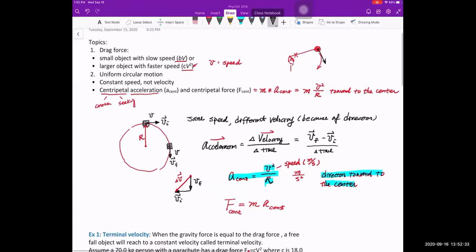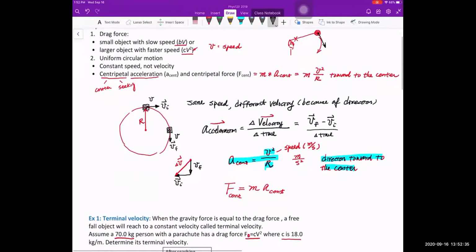The direction is what we call the tangential direction. What is tangential? The tangential direction is perpendicular to the direction from the object to the center. So, for example, if I look at this one here, this is the direction from this object to the center.